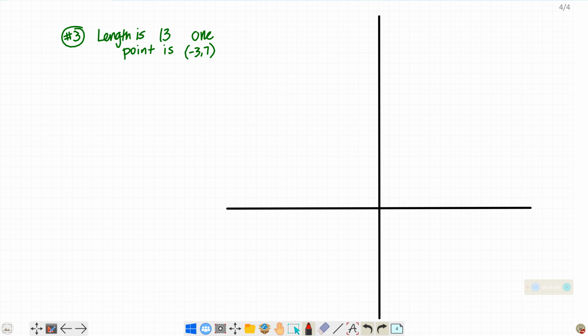So we are starting at (-3, 7), which tells us to go 3 to the left, 1, 2, 3, and up 7. 1, 2, 3, 4, 5, 6, 7. So right here is our point. Now it has to be 13 units long, but it doesn't tell us if they moved up, down, left, or right. So that's where those 4 points are going to come from.